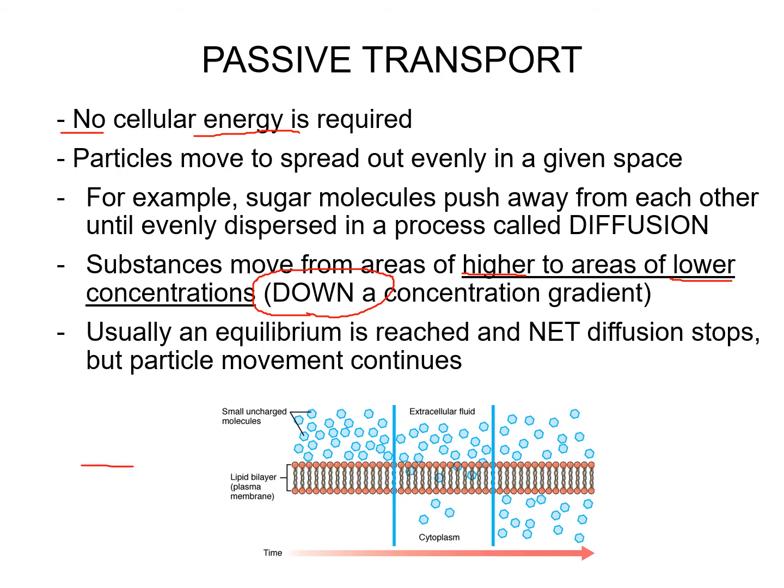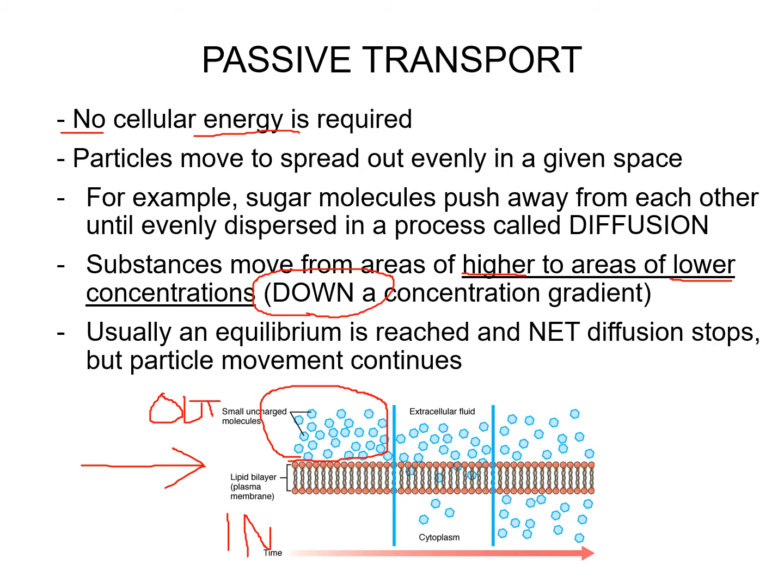If you take a look at this picture here on the bottom of the screen, you'll see we have about 15 or so of these blue particles, or molecules, on the outside of the cell. So this is the outside of the cell, and this is the inside of the cell, and you can see that it's separated by this phospholipid bilayer.